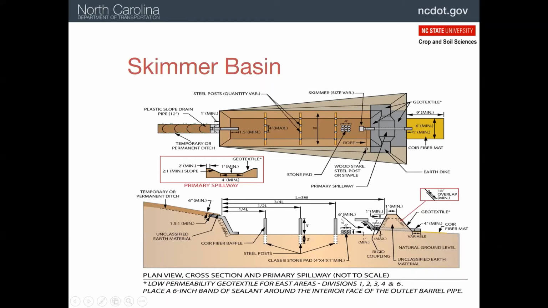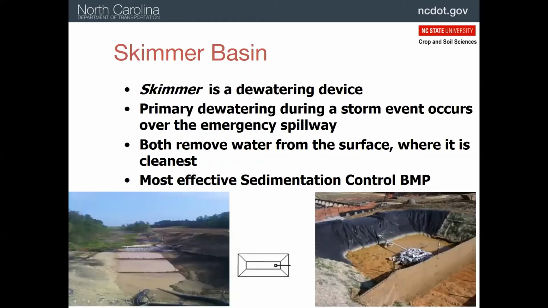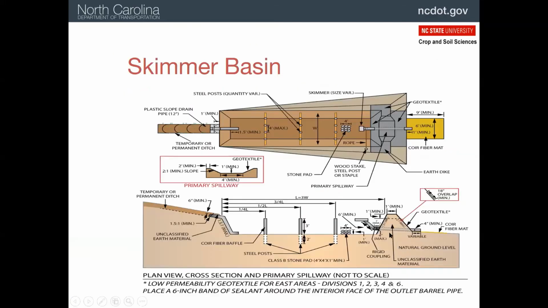We also have, you see here at the bottom, a pile of rocks, as we saw here. The reason we do that is to prevent the skimmer from coming all the way down into contact with the bottom. Picture the bottom of these sediment basins being pretty muddy, and that soil can be pretty sticky. So it may actually hold on to this floating skimmer and keep it from floating up as the basin fills.